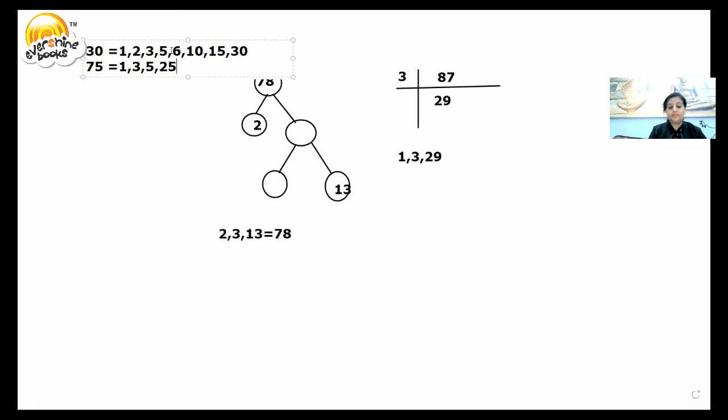So the common factors are 1, 3, and 5. These are the common factors of the numbers 30 and 75.